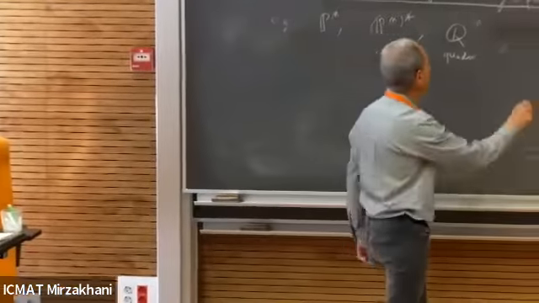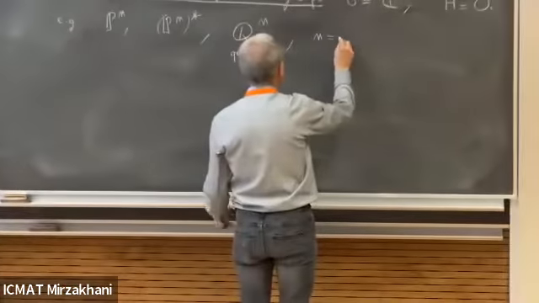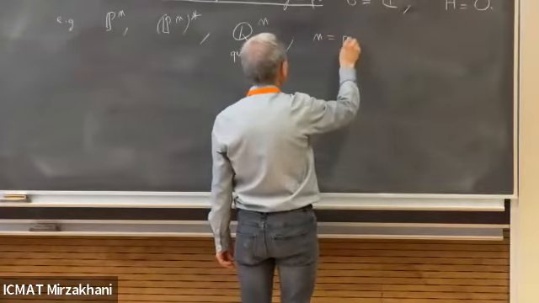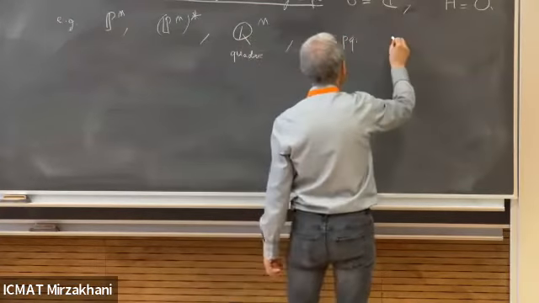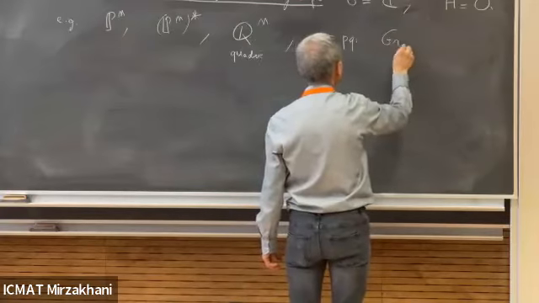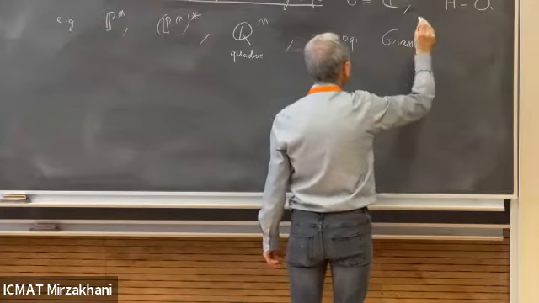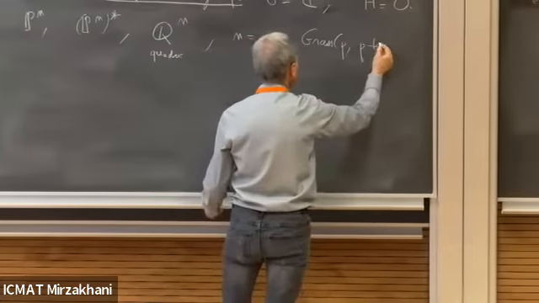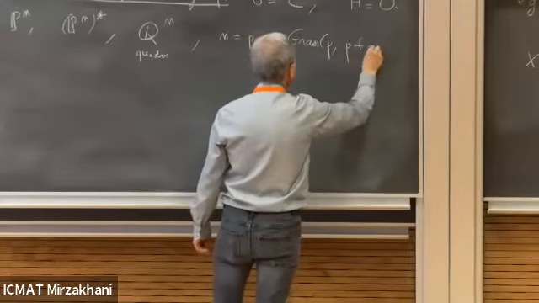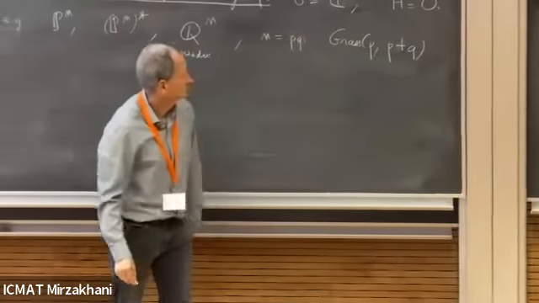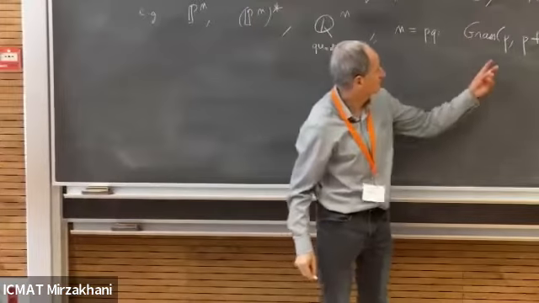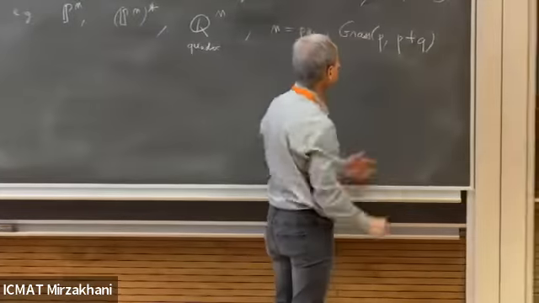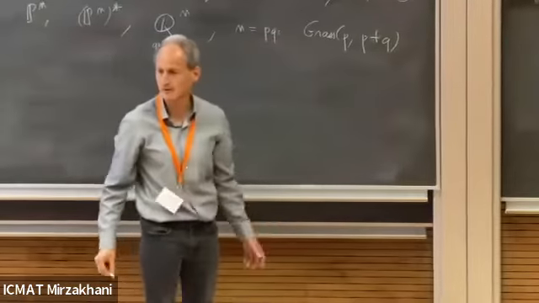If n is a product of two numbers, maybe p and q, what you can imagine is the Grassmannian. Maybe this is not the standard notation. Look at the Grassmannian of subspaces of dimension p in a vector space of dimension p plus q.